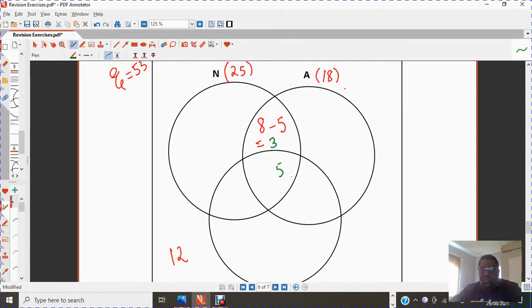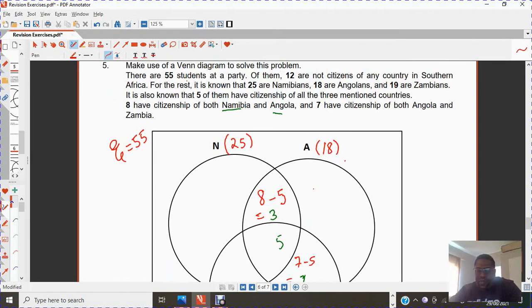There are already 5, so this has to be 2. And the way you get the 2 is again by taking your 7 minus the 5, which is 2. Okay, so that's the information that we have so far.